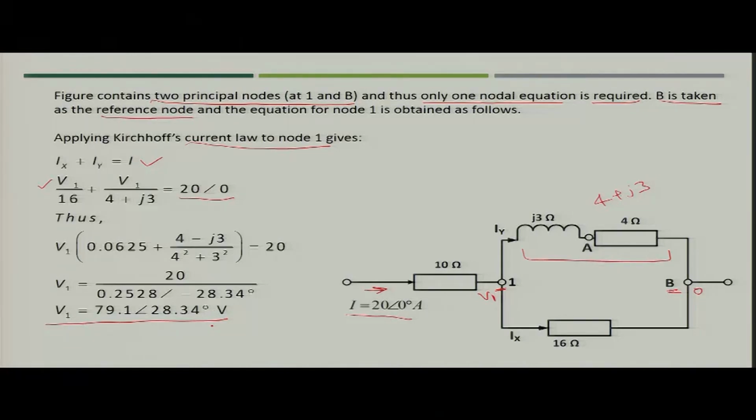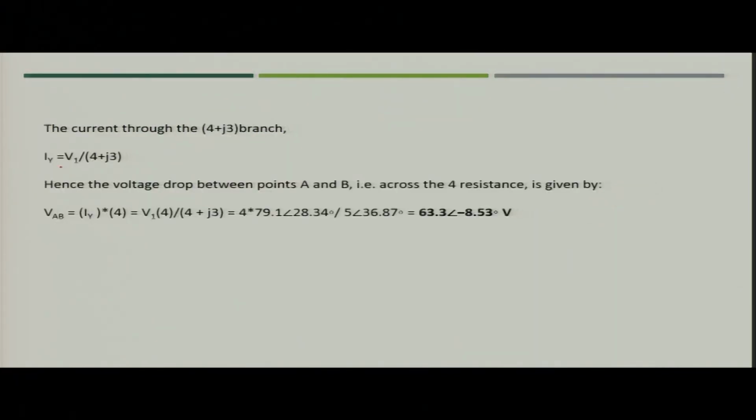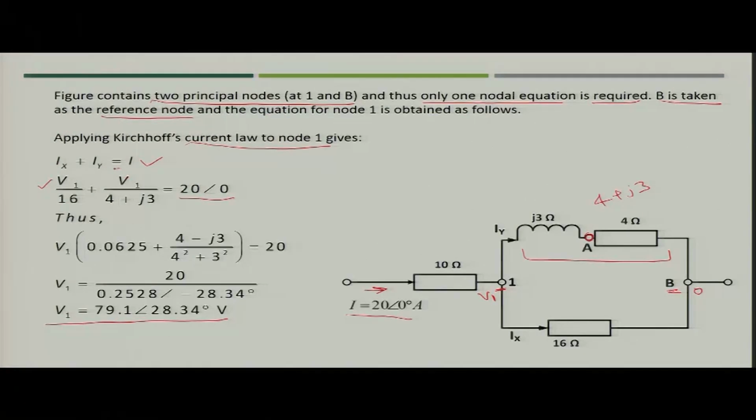So, you got the value of V1, but your objective is to find the value of VA. So, what you will do? You have to first find out the value of current Iy, that is nothing but V1 upon 4 plus J3.